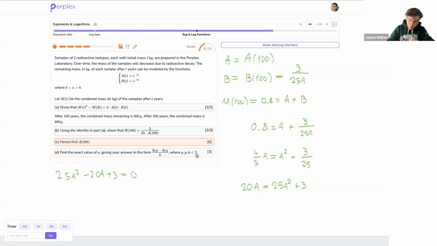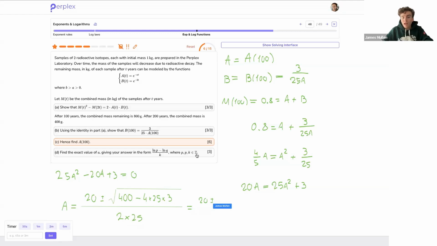Now, let's use the quadratic equation. I'm going to take my time with this one because it's going to be a mess otherwise. Let's do a nice perfect square root so that this is very clear. Negative b, so 20, plus or minus the square root of b squared, which is 400 minus 4 times 25 times 3, all divided by 2 times 25, which is 50.